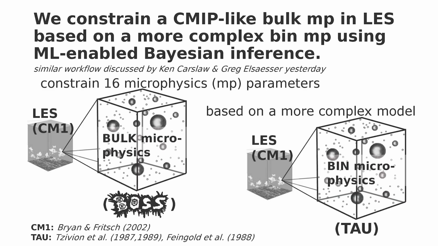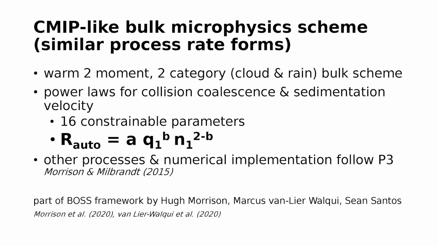And what we do is constrain a CMIP-like bulk microphysics scheme in LES based on a more complex bin microphysics scheme, specifically the TAU bin microphysics scheme, using machine learning-enabled Bayesian inference, basically a similar workflow to what Greg and Ken discussed yesterday. By CMIP-like bulk microphysics scheme, I just mean we have similar process rate forms.